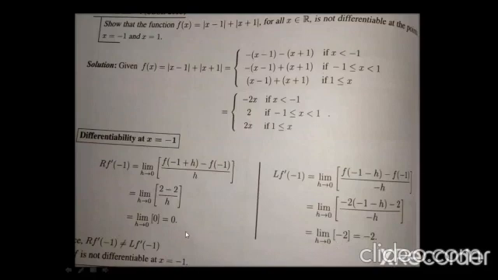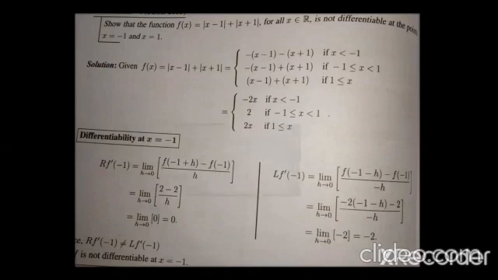So both are different values. That's why we can say right hand differentiability is not equal to left hand differentiability at x equal to minus 1. Therefore, f is not differentiable at x equal to minus 1.